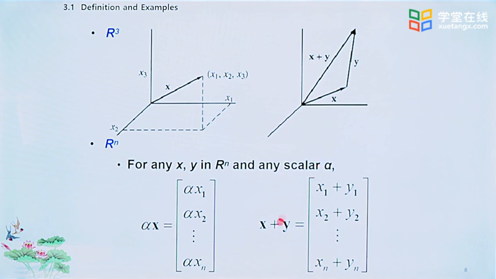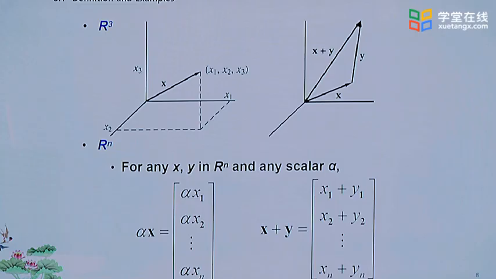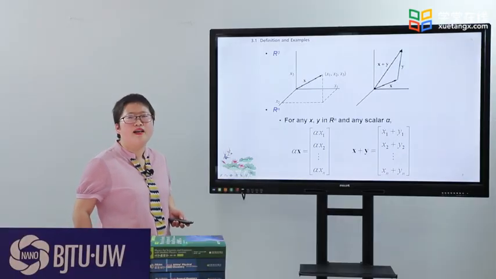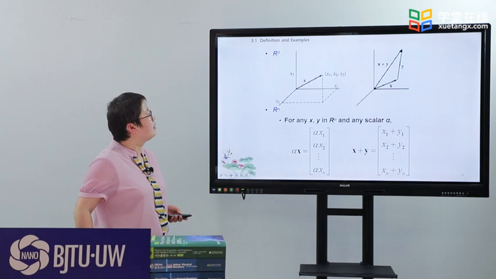And for any two vectors x, y in Rn, the addition x plus y equals this new vector, whose components are x1 plus y1, x2 plus y2 till xn plus yn. So it is the summation of components respectively.